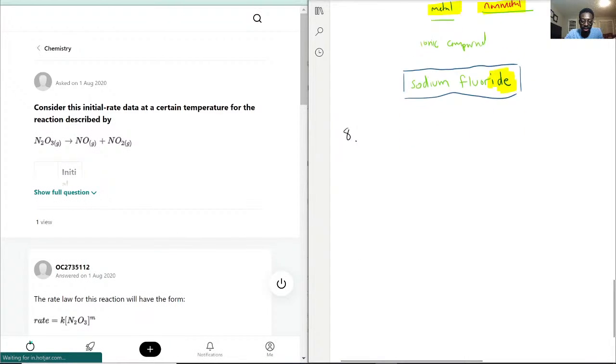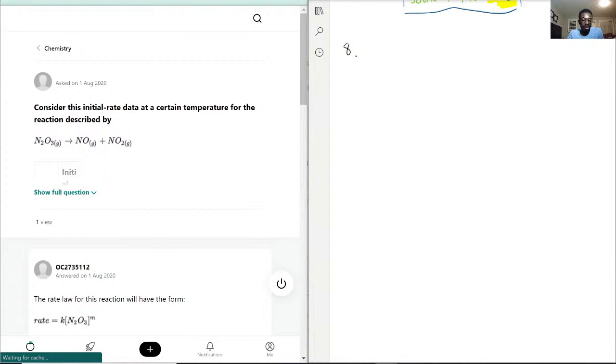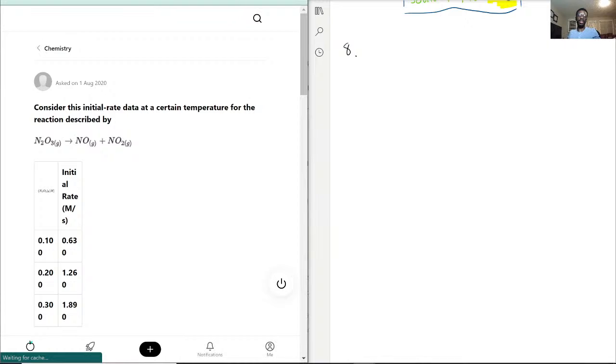It says, consider this initial rate data at a certain temperature for the reaction described by. Initial rate data at a certain temperature for this reaction.